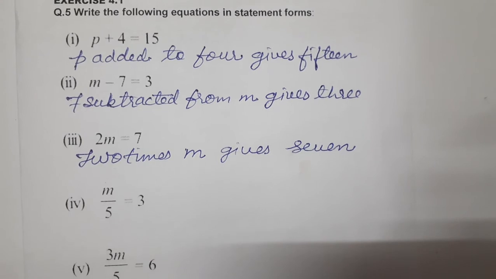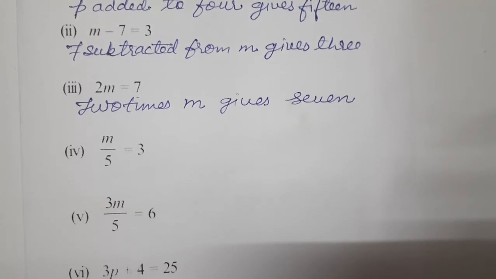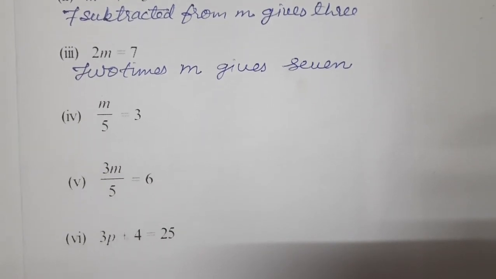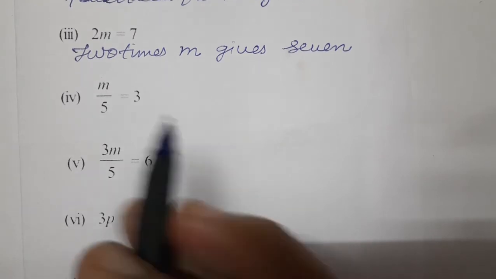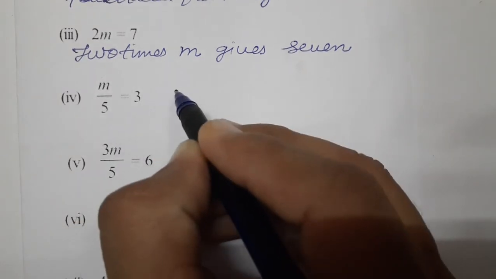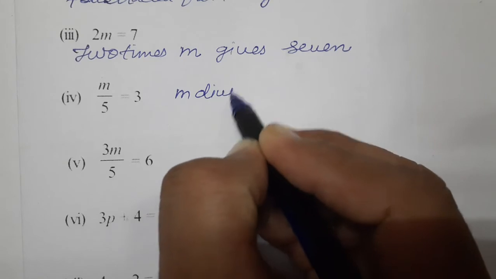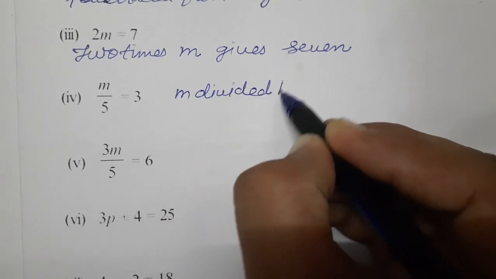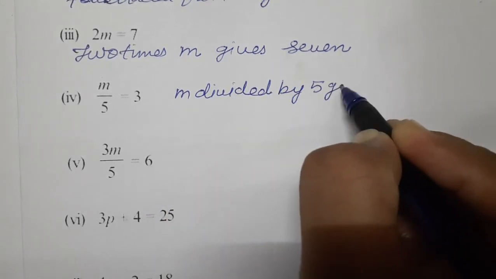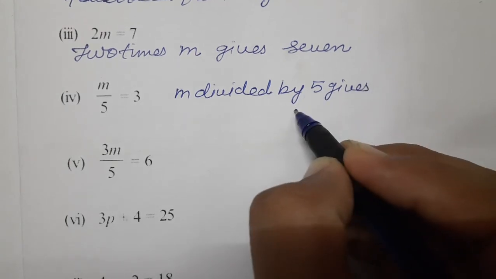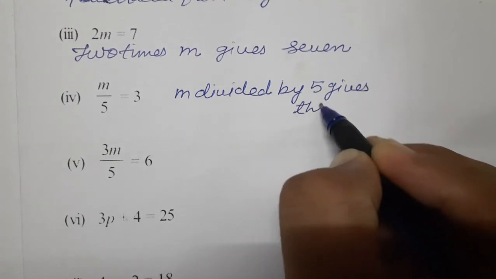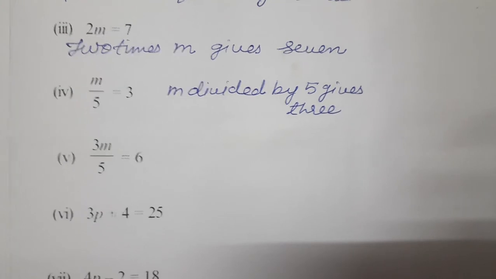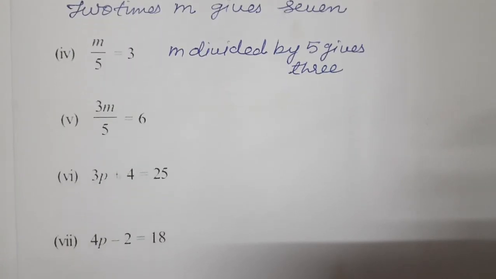And next one, see, M by 5 equals to 3. So what will we write for that one? M divided by 5 gives 3. Okay? M divided by 5 gives 3.